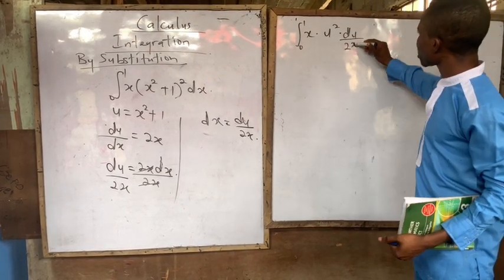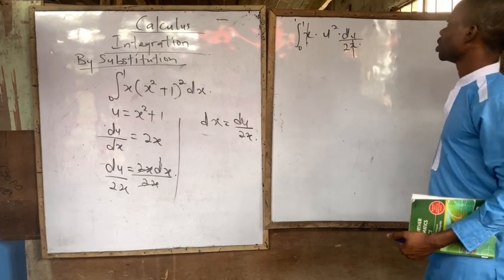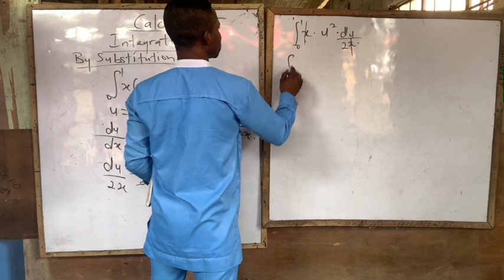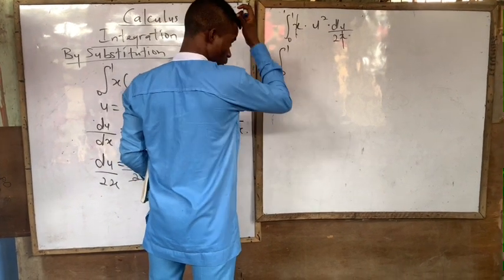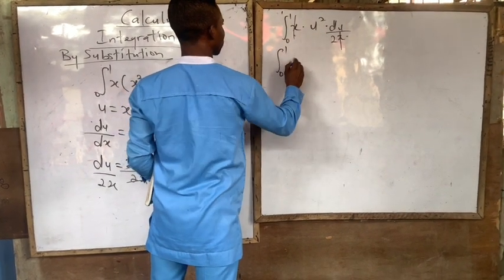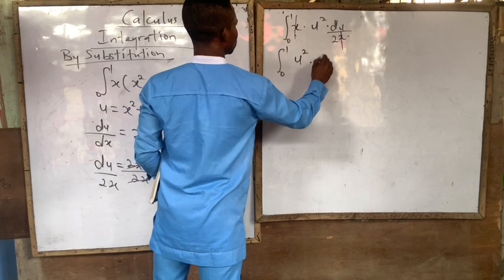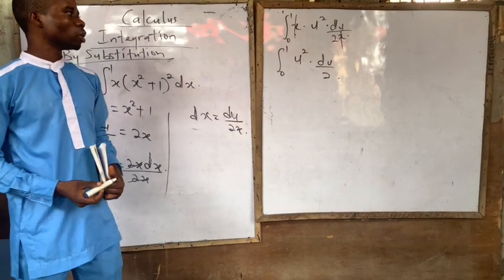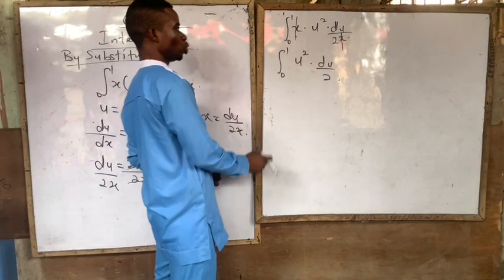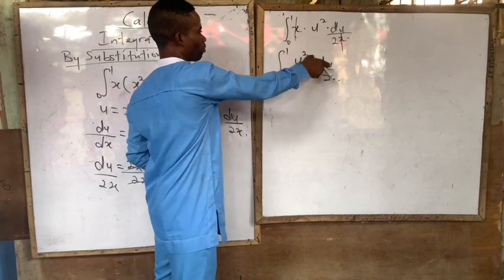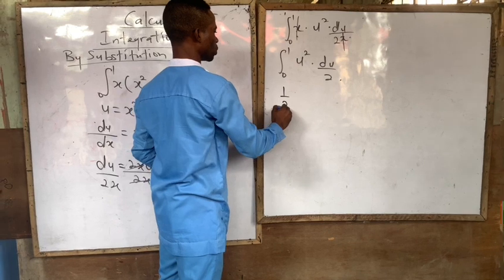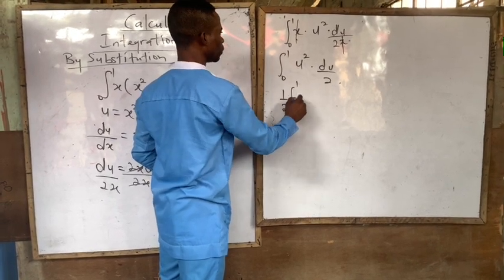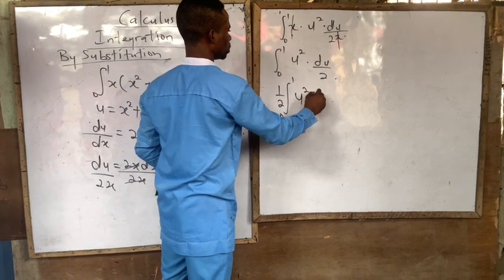This x can cancel the initial x. What we have left now is the integral with upper limit 1 and lower limit 0 of u squared du all over 2. You know that this is 1 over 2, so you can bring it out. That means 1 over 2 integral from 0 to 1 of u squared du.